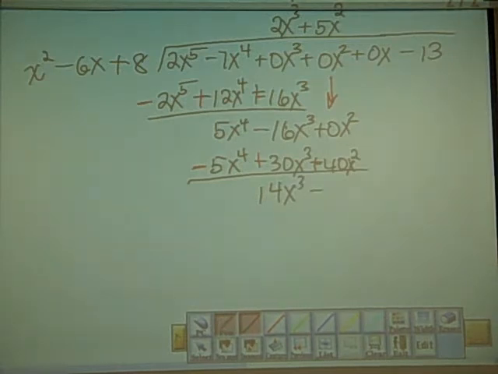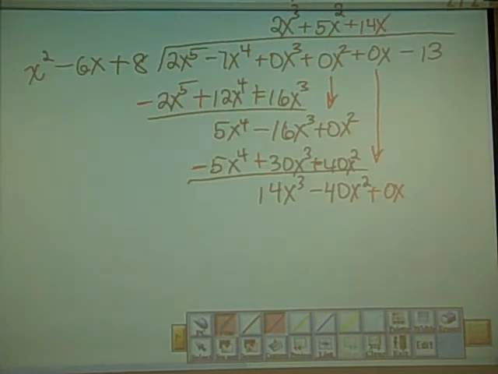And then we're going to bring down that minus 40x squared. Now, again, we need to bring down the plus 0x. And we need to ask ourselves, what times x squared will give me 14x cubed? That's going to be a plus 14x.